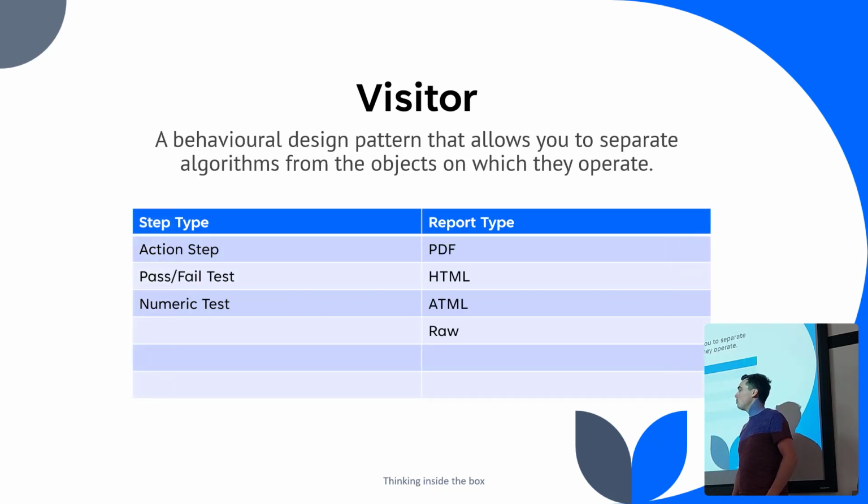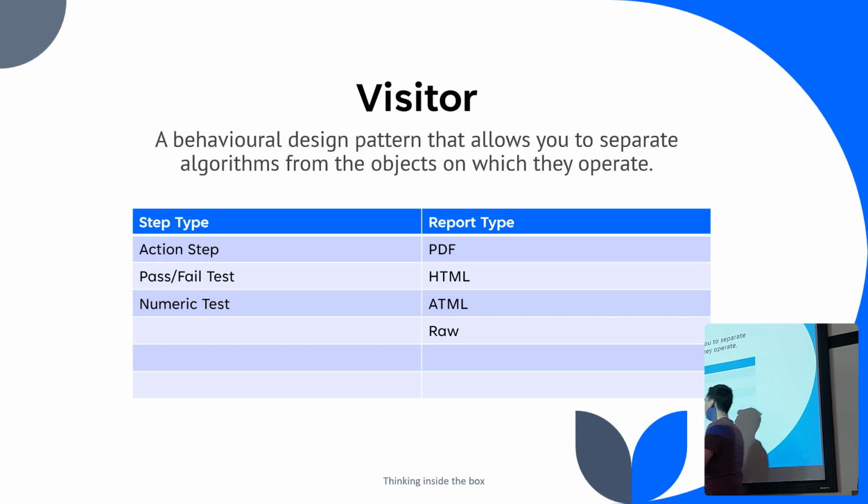Either we get a requirement to have different reporting types, and you think, okay, well, so long as I know up front, I could just use strategy pattern and just use these as different strategies for the test types.